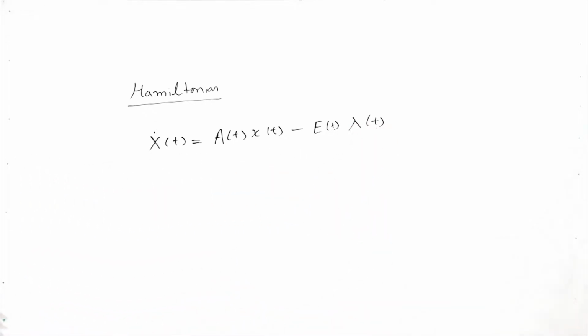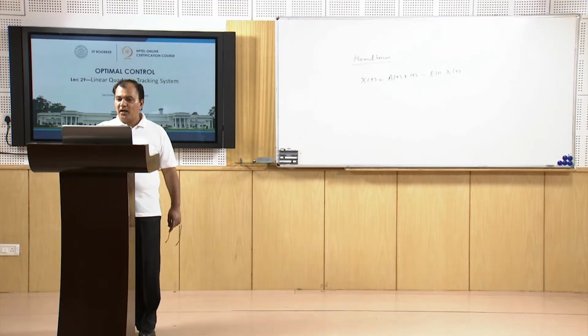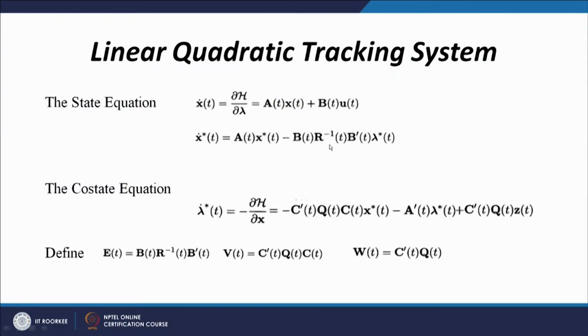So, this, minus B R inverse B prime, I am writing as E. So, this is my x dot equals A x minus E lambda, I am writing this.